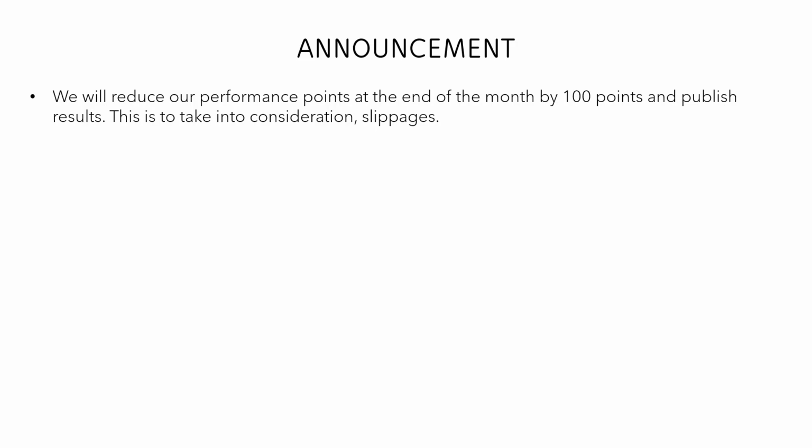So if the model is giving 350 points, we will publish 250 points, but that we will do at the end of the month. Hope that may help a little bit, because we are very confident about the model. We are very confident that long term, things will be very, very good. So we are okay with reducing the model performance. Yeah.